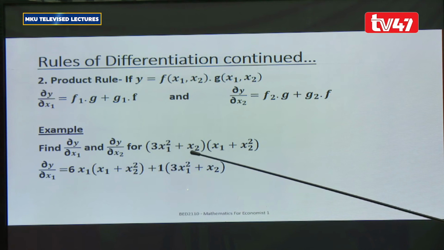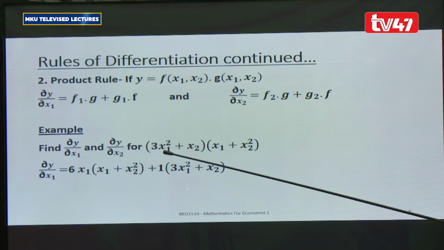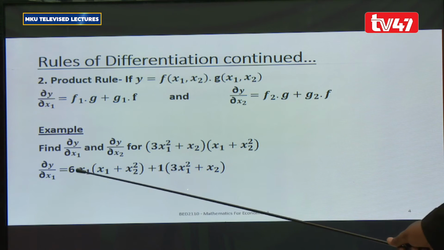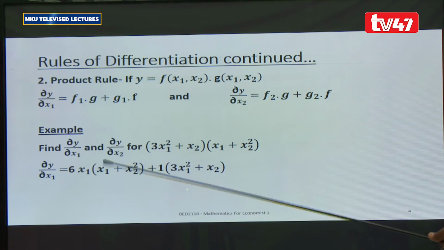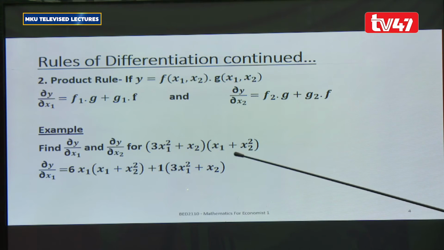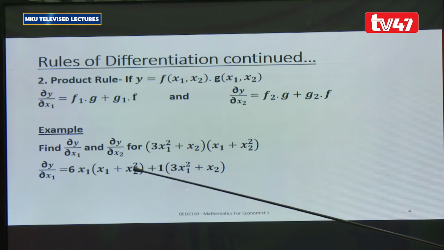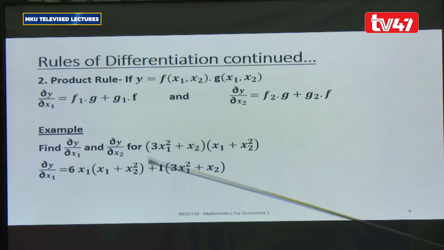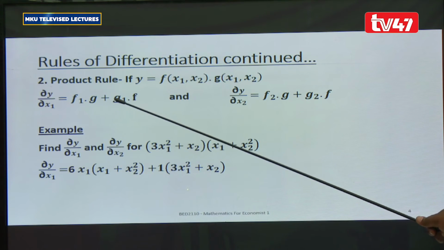So the first function is this, so x1 is here, so this one will be 6x1. It is multiplied by the second function, so we multiply by the second function here, plus we are adding g1.